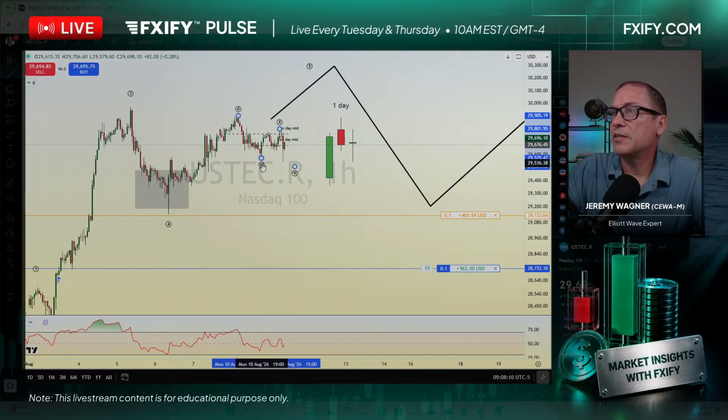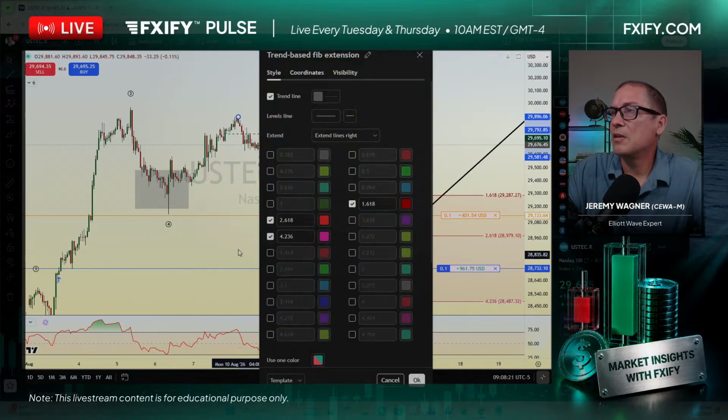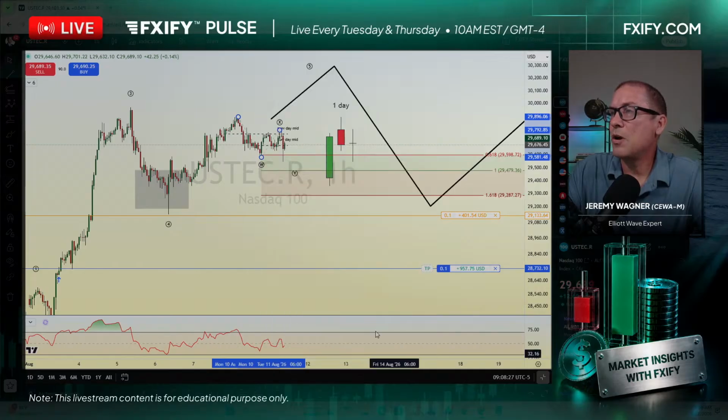It's not quite a flat pattern, but let's just measure this out. Let's just see if there's any harmony within these waves. What I'm looking for is that parallel waves tend to have equality or Fibonacci relationship to one another.